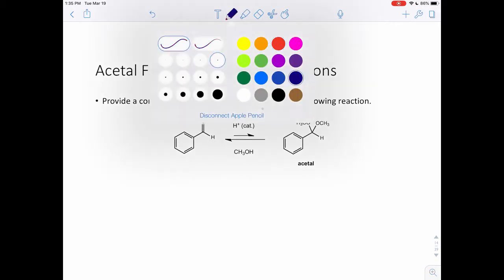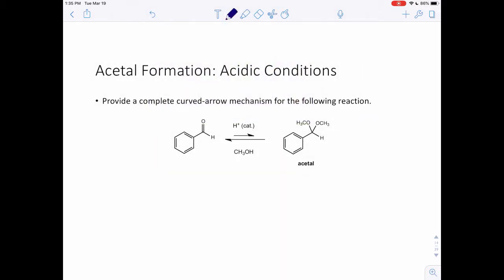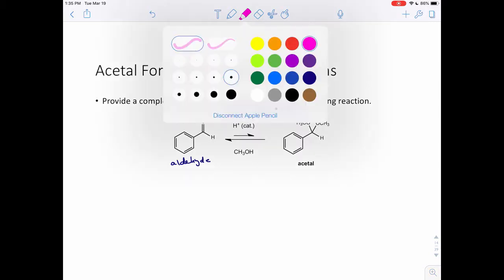So under acidic conditions, where we have some catalytic amount of acid, so this could be tosic acid, it could be triflic acid, it could be sulfuric acid, just some source of acid, we can observe formation of an acetal from aldehyde, or this also works with ketones. Let's take a look at what's going on here.